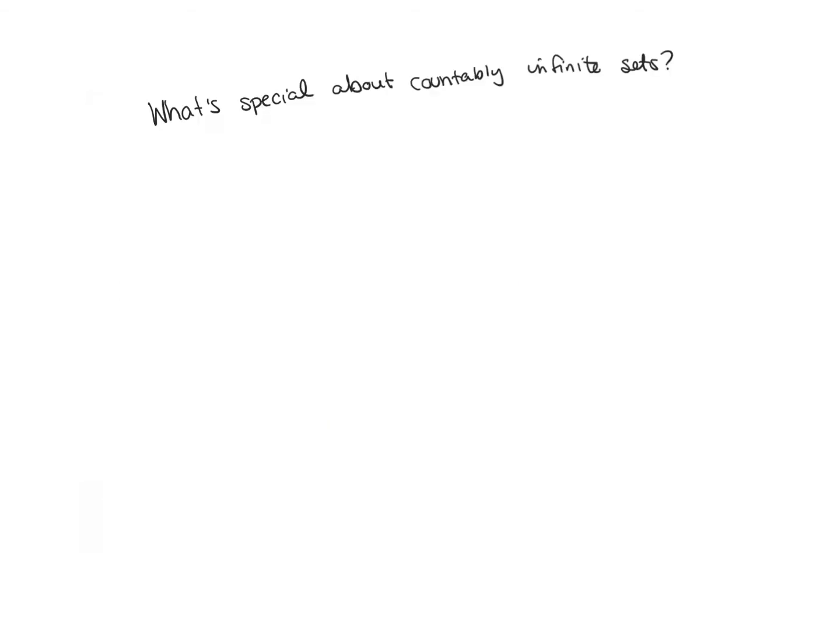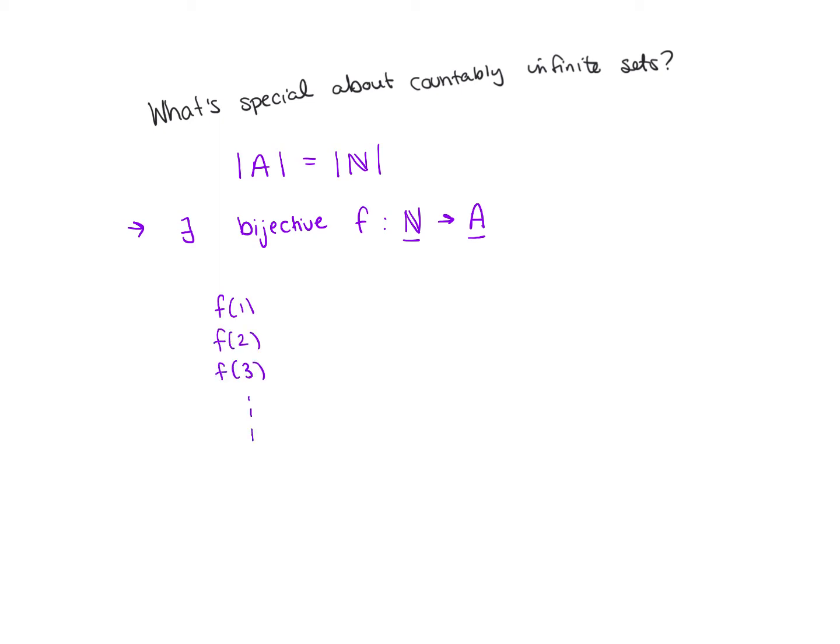So what's special about these countably infinite sets? Remember, if I have a countably infinite set, by definition, the cardinality of that set A is the same as the cardinality of the natural numbers, which means there exists some bijection f from the natural numbers to A. And now, like we tried to do in our proof that the real numbers were uncountable, if I have this bijection, I can think about what f of 1 is, and f of 2, and f of 3, and so forth.